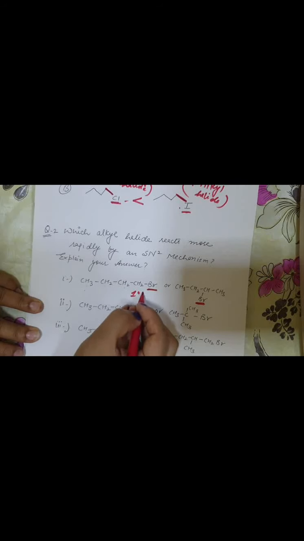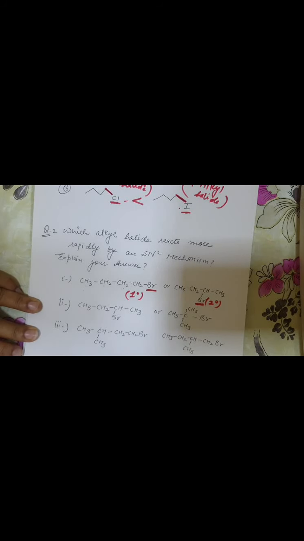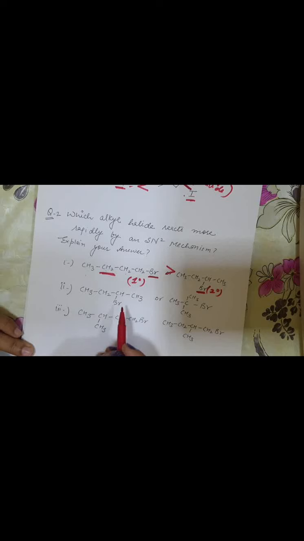This is primary, this is secondary, and the rate of the SN2 reaction is always high in primary alkyl halide. Okay, now come to the second. This is secondary alkyl halide, this is tertiary. In comparison to the tertiary, secondary will show a faster rate of reaction.